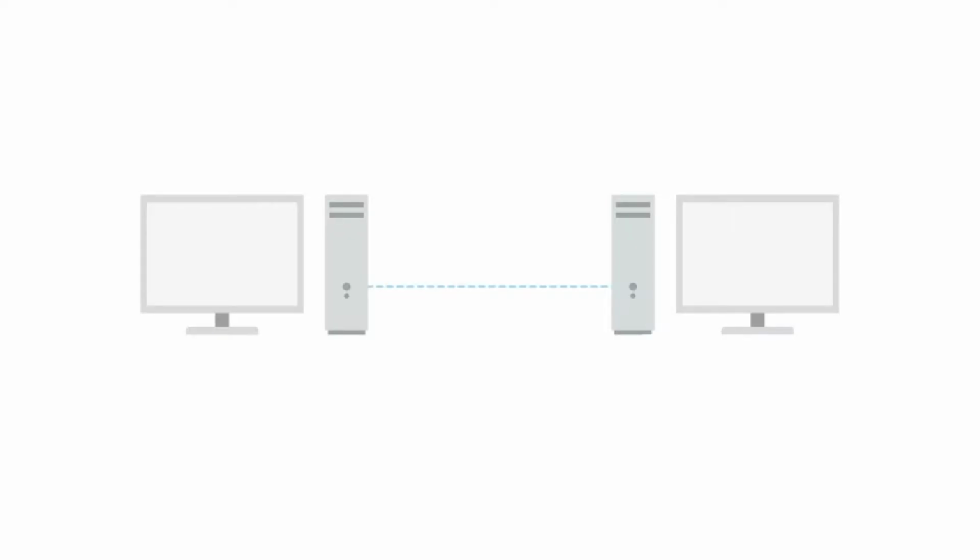The way CSMA/CD works is actually pretty simple. If there's no data currently being transmitted on the network segment, a node will feel free to send data.